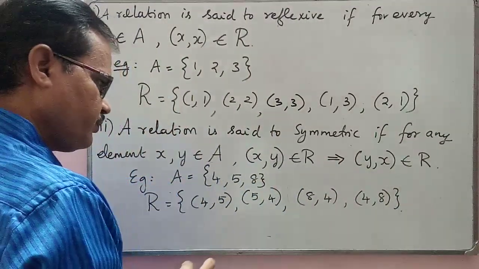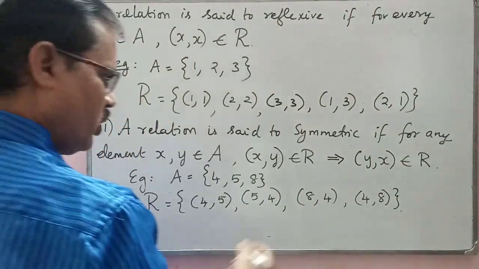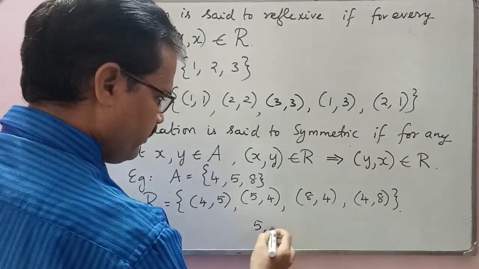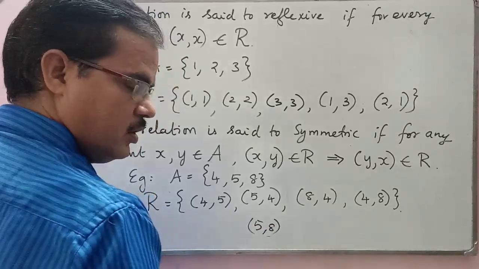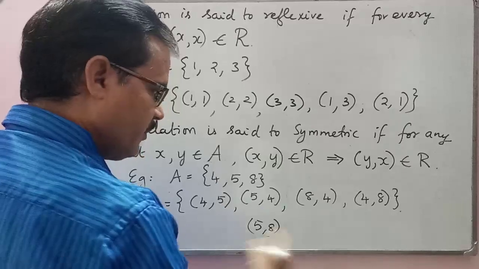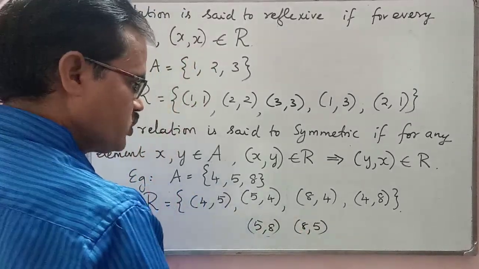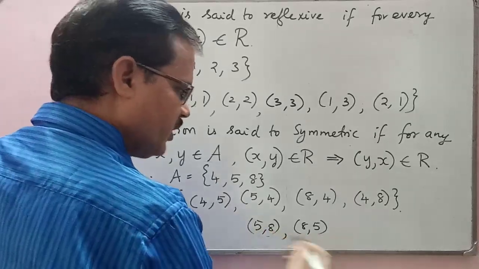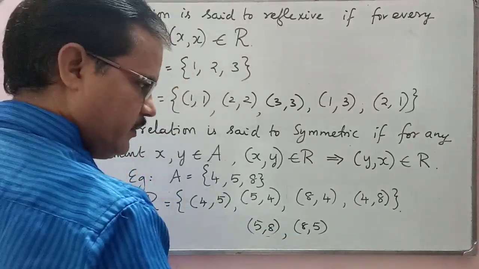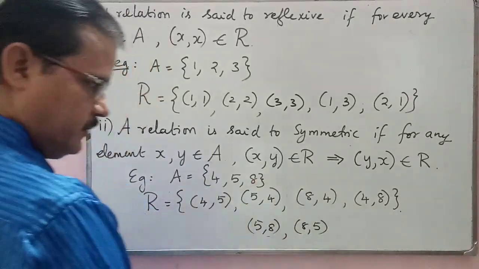See children, we may have a number of ordered pairs. You can also have 5 comma 8, but I have not included 5 comma 8. Can you see that 5 comma 8 is there? You should have 8 comma 5, then only we call it symmetric. So there are some ordered pairs which are left alone, which are not included. So all the possible ordered pairs of the relation are not included here.